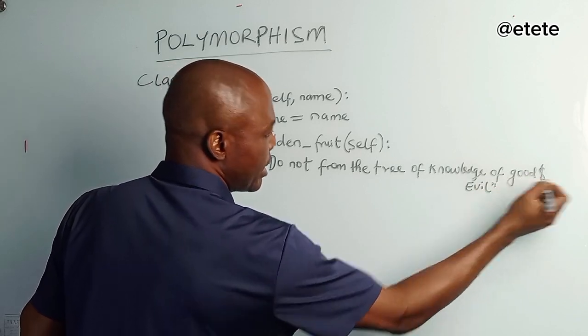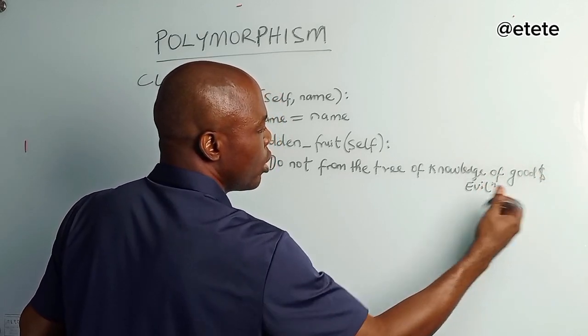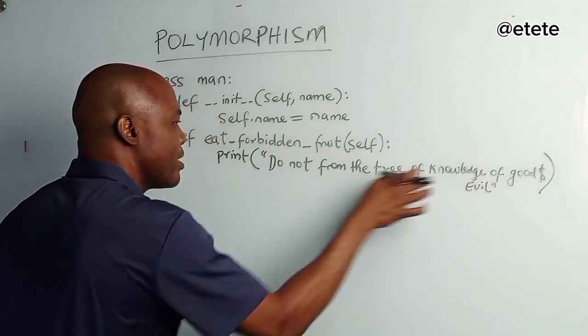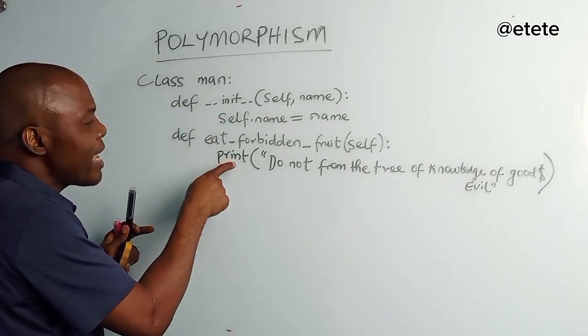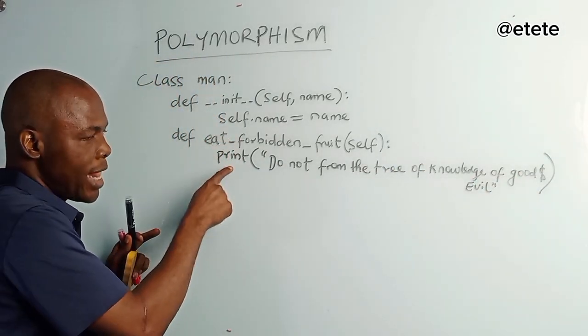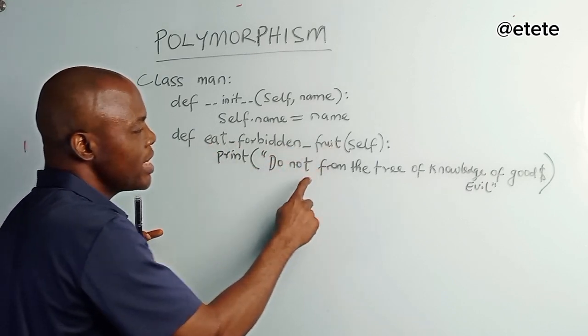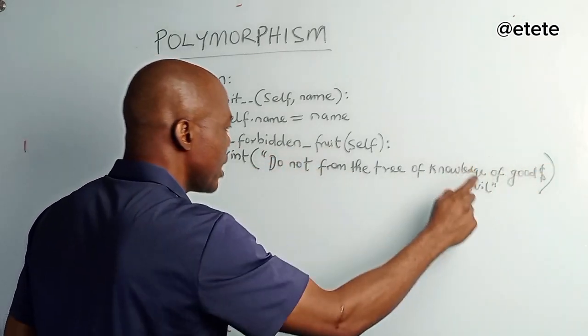This is supposed to be on one line, but it's going to be too long, so you might not see it. So I'll just close this. Now, this is the instruction inside the parent class, that is this method, eat forbidden fruit. So: do not eat from the tree of knowledge of good and evil.